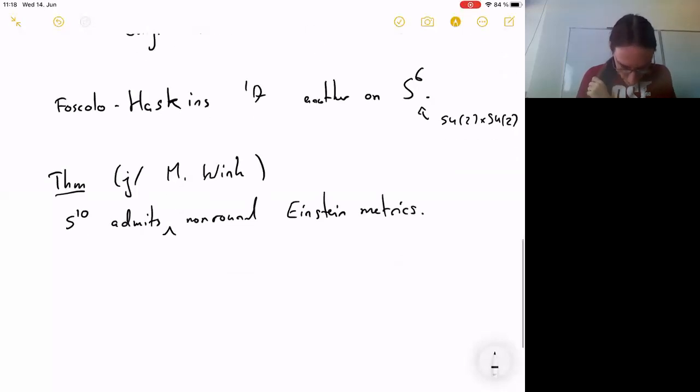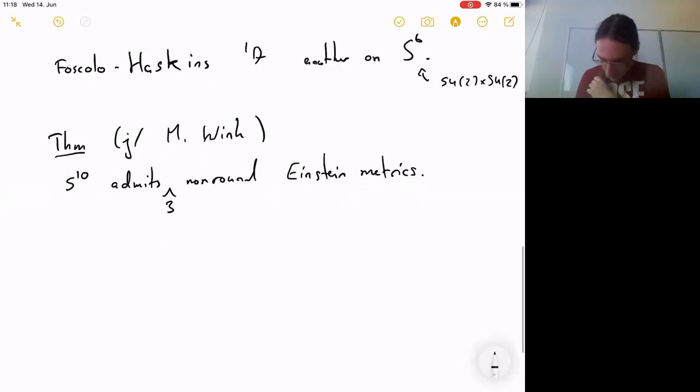So we found 3, and we're pretty sure that there are exactly 3, at least in cohomogeneity 1. Yeah, so the main goal of the talk will be to tell you a bit about how to make these, and what maybe some of the problems are.